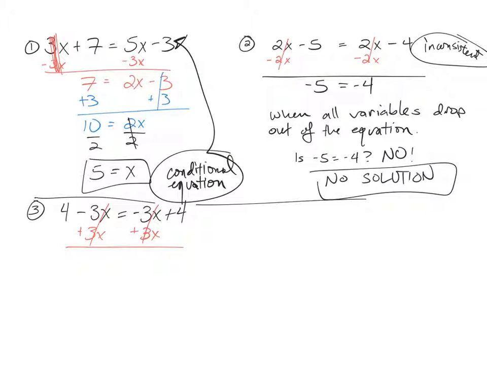And again, you'll notice that all of the variables drop out, but this time we're left with 4 = 4. So is 4 equal to 4? And this time it's yes. So if you get something that is true, 4 is equal to 4, that's true, you have infinitely many solutions.